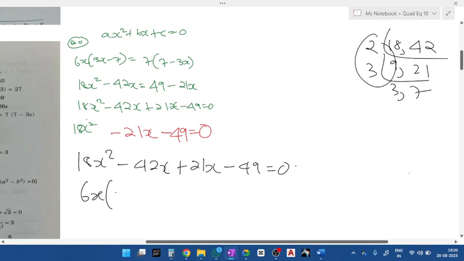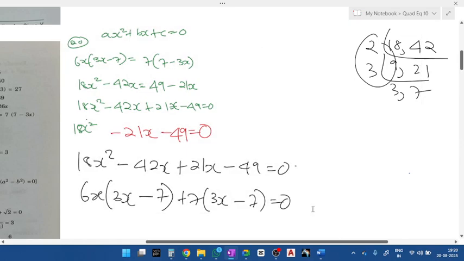And what's the value you get? 3x minus 7. Here what do we get, students? 7 is common, plus 7. 3x minus 7.